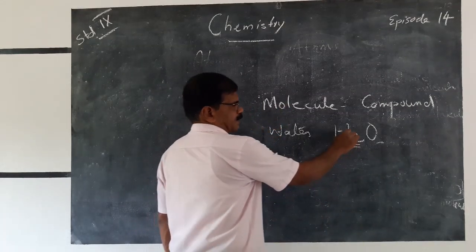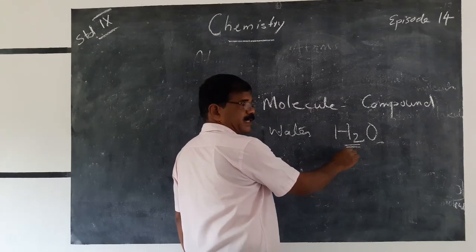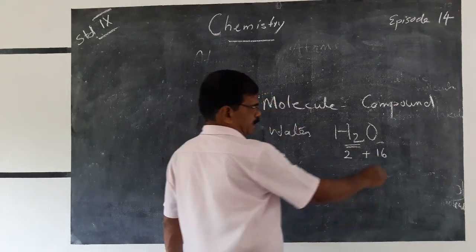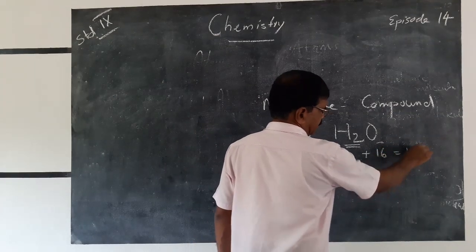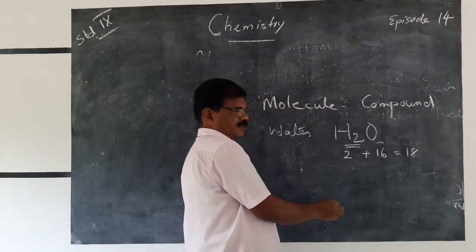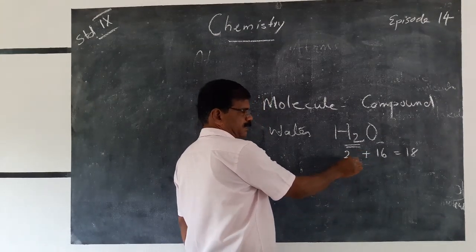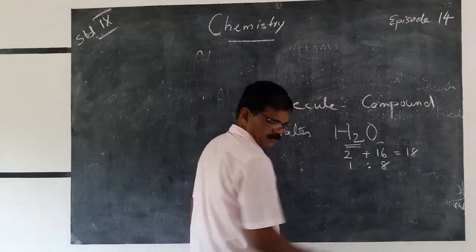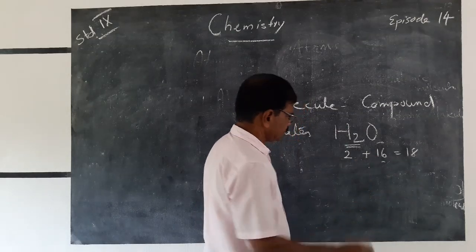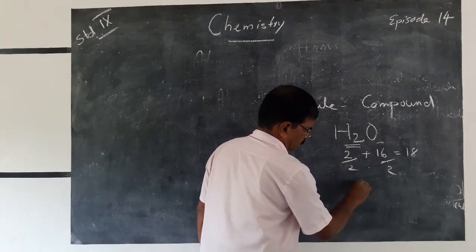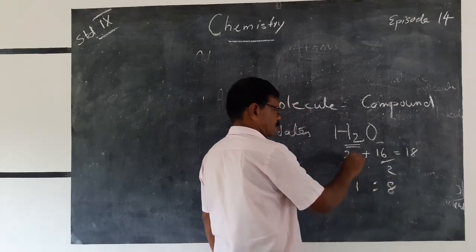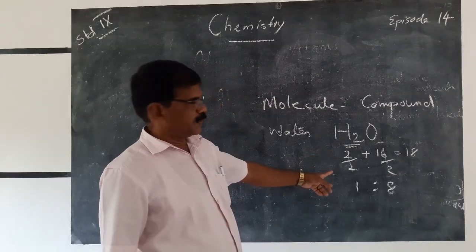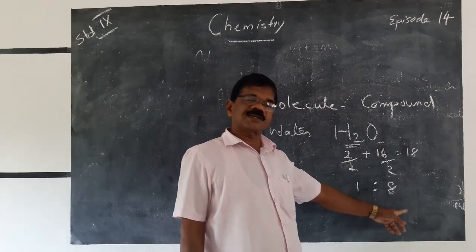The atomic weight of hydrogen is 1, so 2, and oxygen 16. So, the total is 18. Hydrogen and oxygen combine in the mass ratio 1 is to 8, then the water molecule is formed.